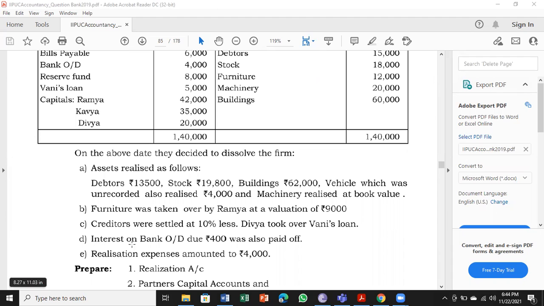D. Interest on bank overdraft due, rupees 400, was also paid off. Along with bank overdraft, the interest on bank overdraft is also paid. Information E, realization expenses amounted to rupees 4,000.